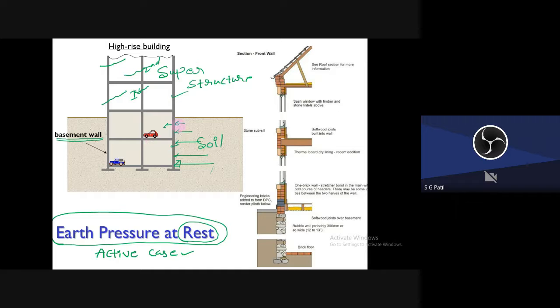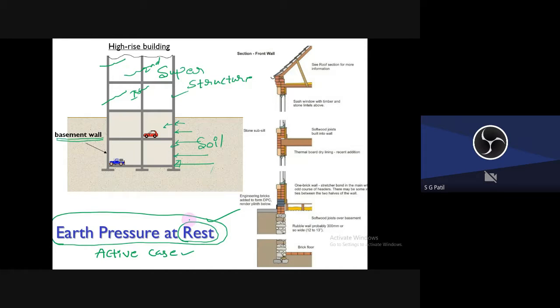So that's why I should design these basement walls for the at rest condition. If I design it for the at-rest condition, my cross section may increase, but I can't compromise on the superstructure. So I should not design it for the active case earth pressure.